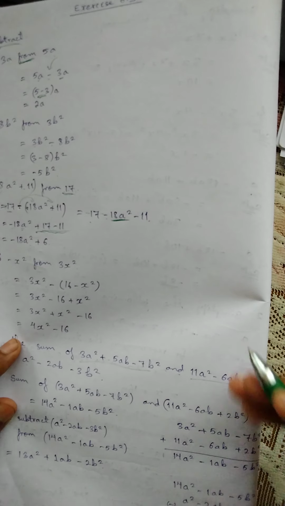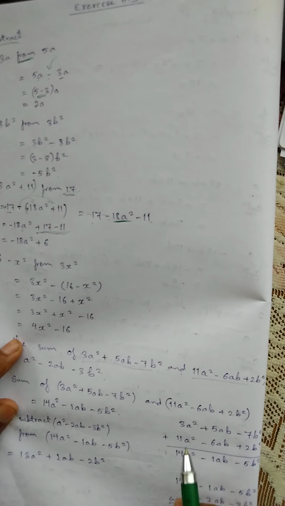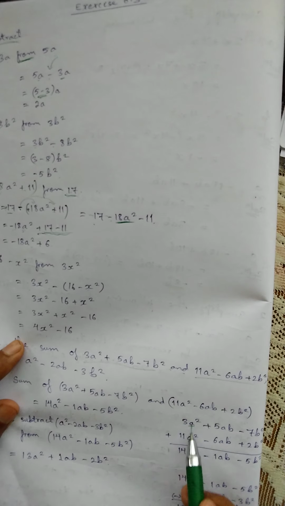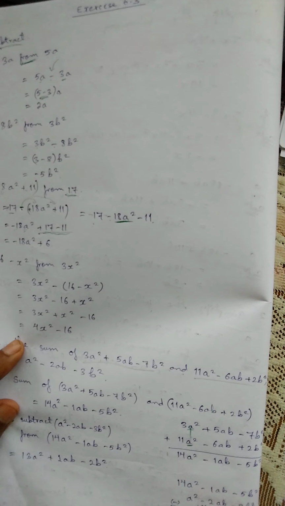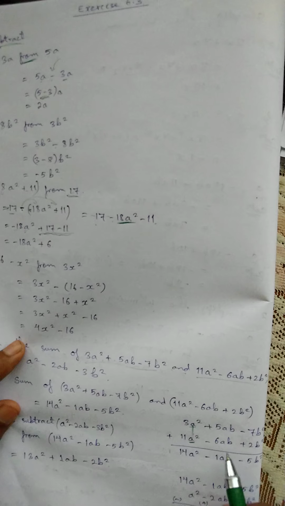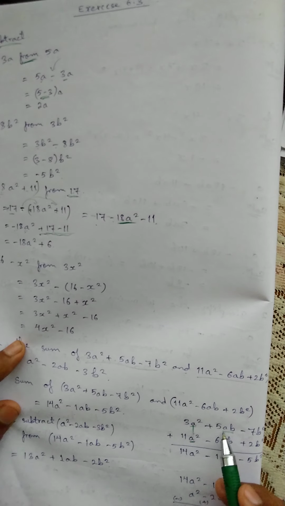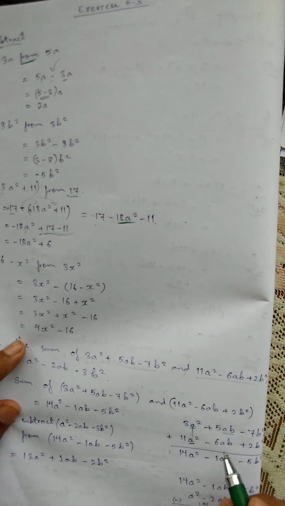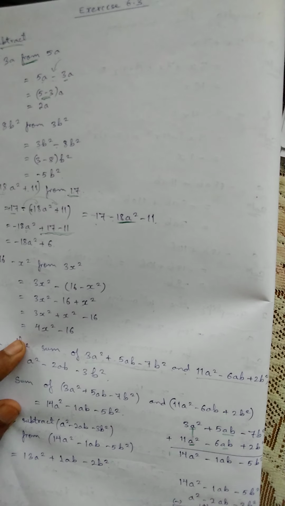And then when you write the second expression, you must line up terms: if here is a², you must write a² under the first term of the first expression. The same thing here: if there is ab here, you must pick which one is ab in the second expression, and put it straight under that ab.